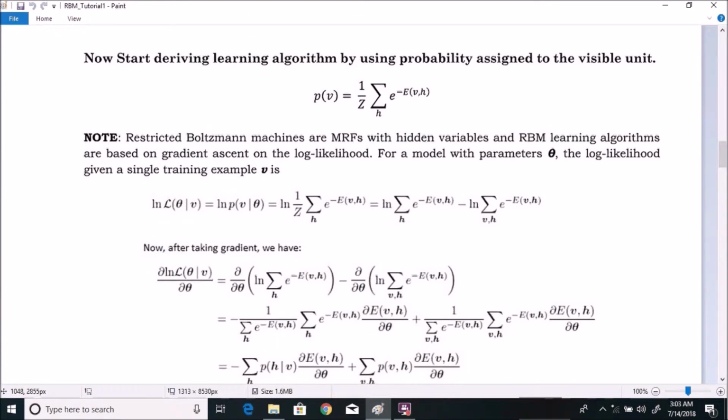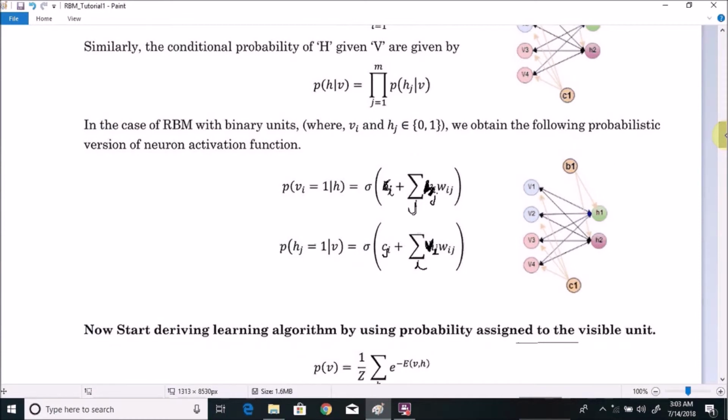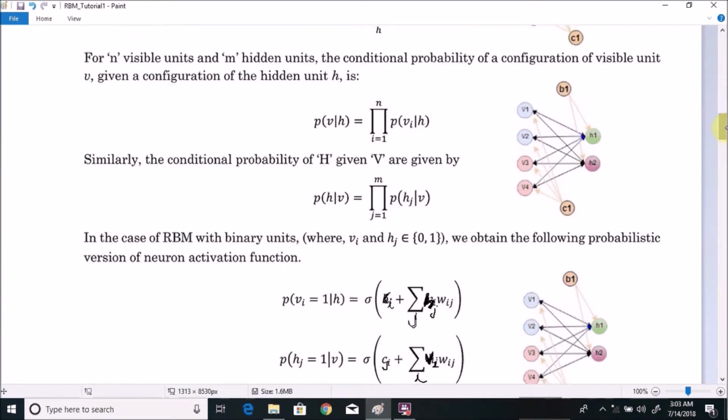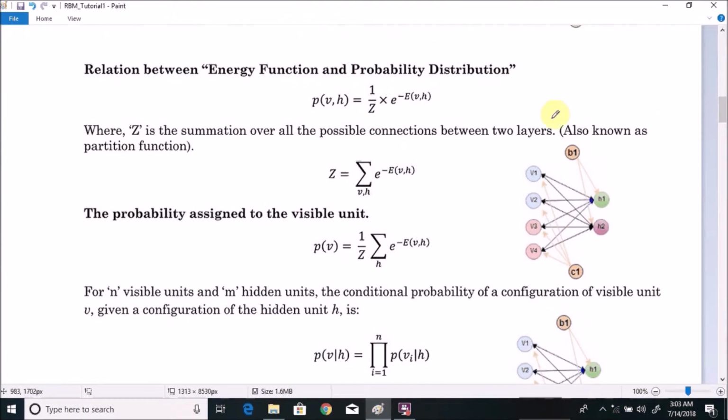Now let us start deriving the algorithm by using the probability assigned to the visible units. We already discussed this probability earlier and represented it as the marginal probability of the visible layer.